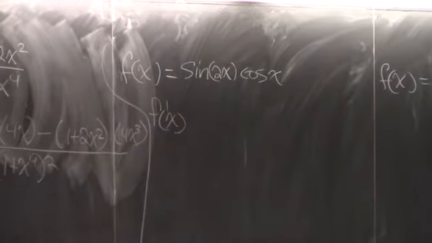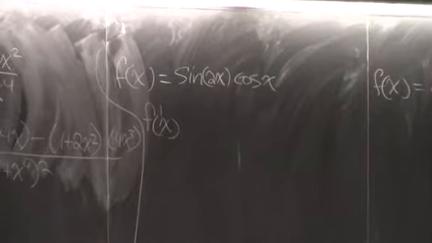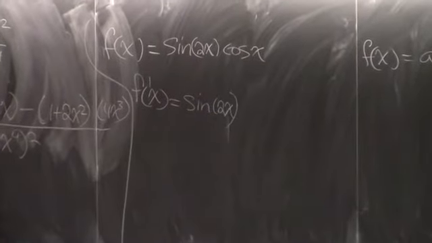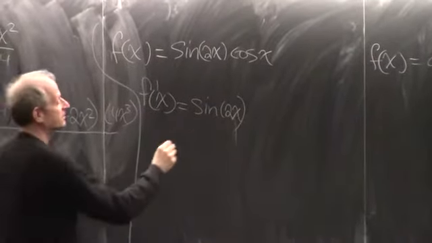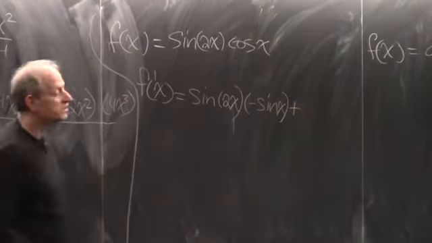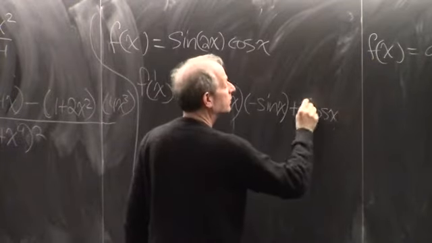This one is product rule. So, sine of 2x times the derivative of cosine of x. What's the derivative of cosine of x? Negative sine x. Plus, reverse, cosine x times the derivative of sine of 2x.